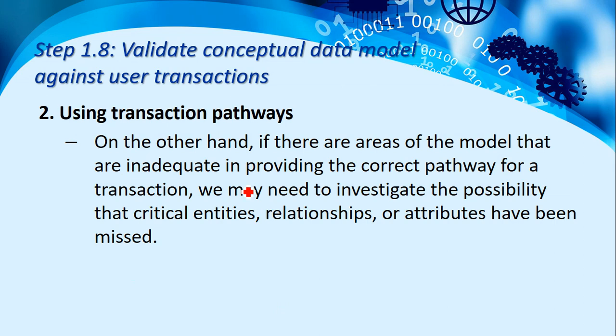So on the other hand, if there are areas of the model that are inadequate in providing the correct pathway for a transaction, let's say you have identified some fan traps and chasm traps. So yun, we need to investigate the possibility that critical entities, relationships, or attributes have been missed. So that's why, if that's the case, you need to edit or make changes to your conceptual model.